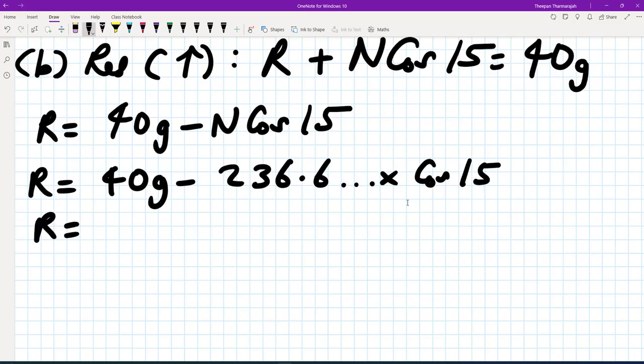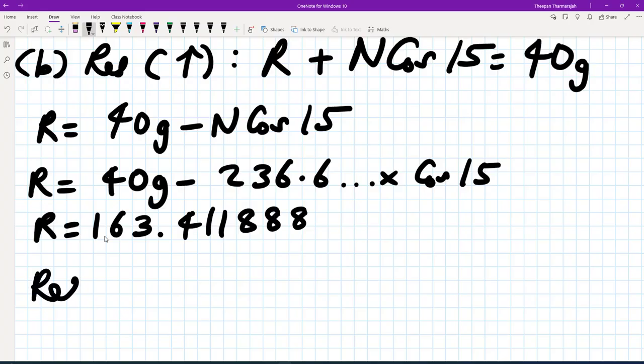We're going to write the true value for R. So that works out to be, on my calculator, 163.4118888.